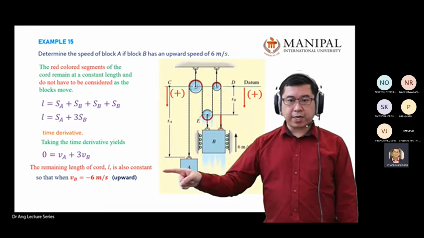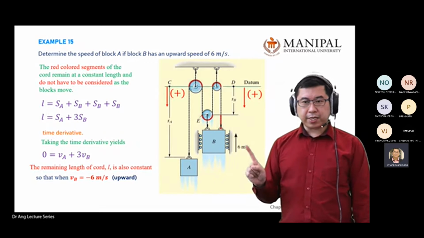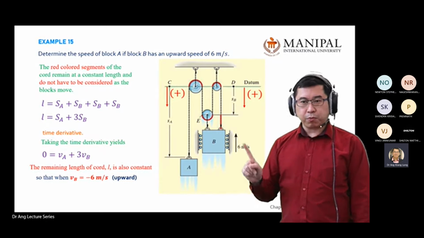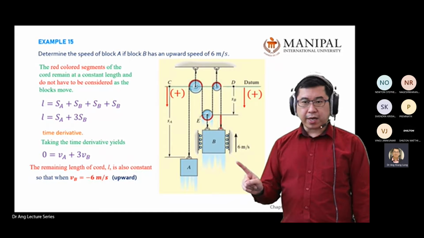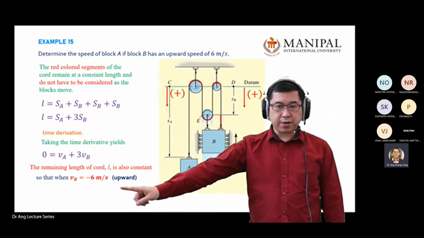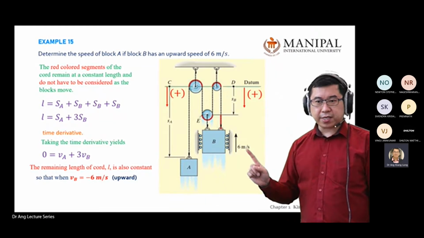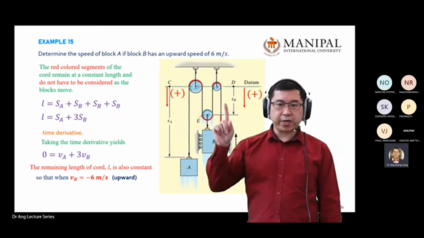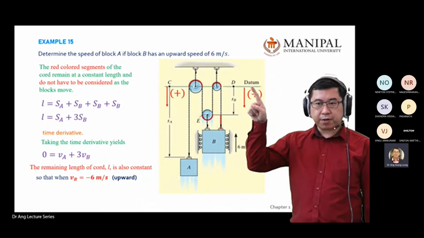When you calculate, always refer to the datum, where the positive is. In this case, B moves up. Moving up means a negative value. This is magnitude only; the arrow represents positive or negative. So VB equals negative 6 meters per second moving upward. There's a negative sign here because it's opposite to the datum direction.